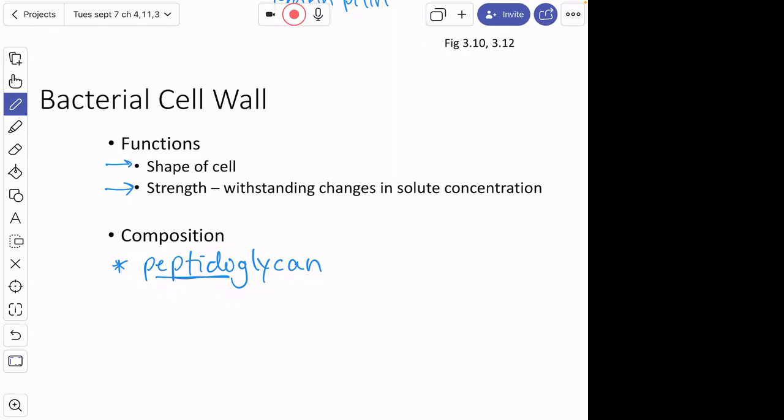Okay, so in fact, it has some amino acid cross bridges. Okay, and then the second part of that word, glycan, that should make you think sugars. Okay, there's actually two different sugars that repeat. Okay, and one of them, we abbreviate it NAG. That stands for N-acetylglucosamine.